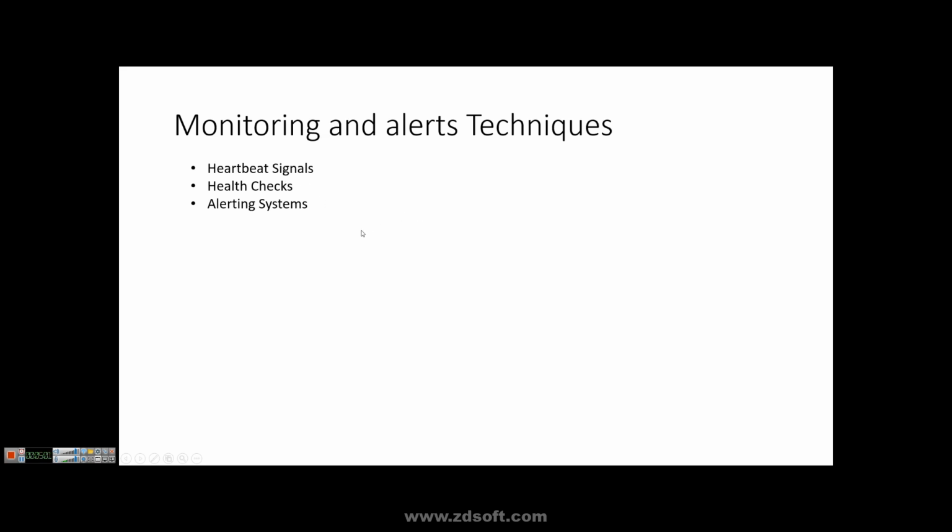In heartbeat signals, regular signals are sent between components to check their status, so we will know whether there is any issue or not. In health checks, automated scripts or tools perform regular health checks on the components. And alerting systems are tools like PagerDuty which notify the administrators of detected issues. So these three are the techniques for monitoring and alerts.